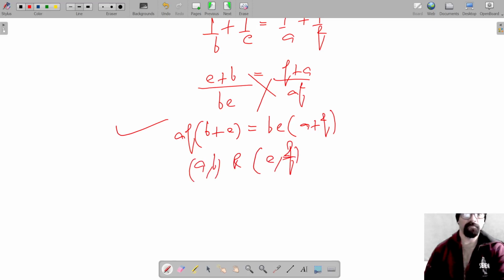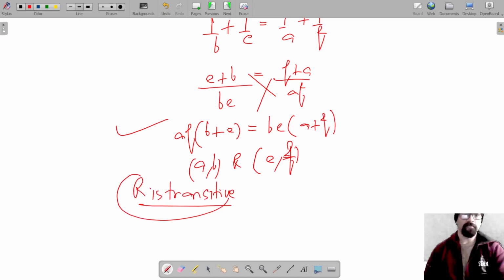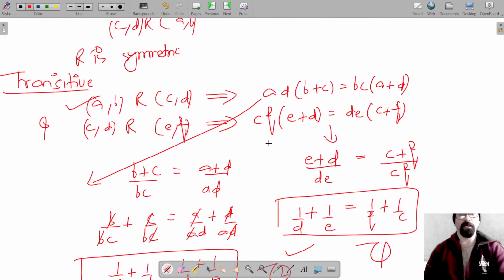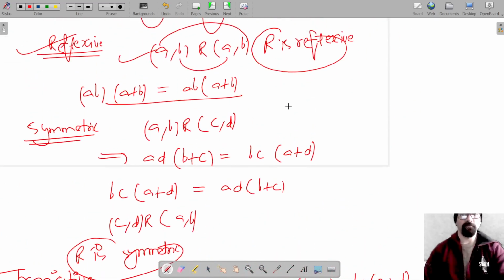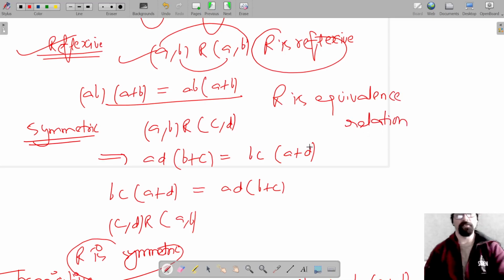So that means R is transitive. So R is transitive. Now R is transitive, R is symmetric, and R is reflexive. So that means R is an equivalence relation.